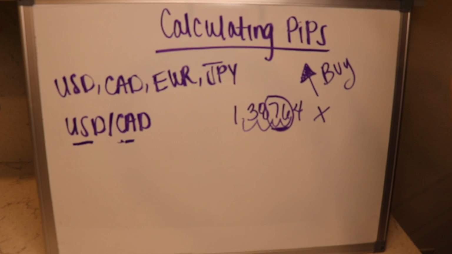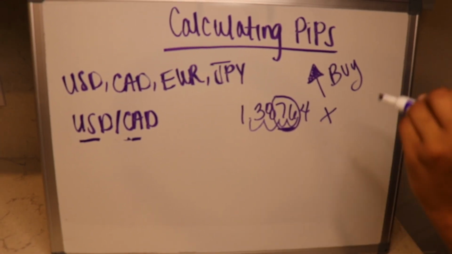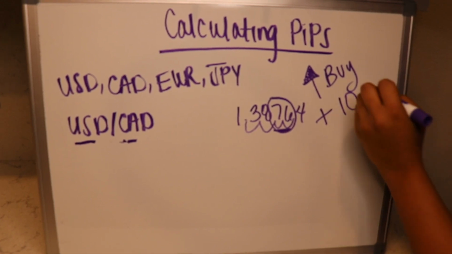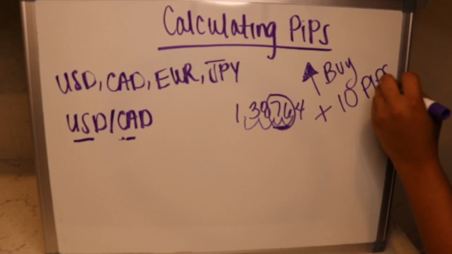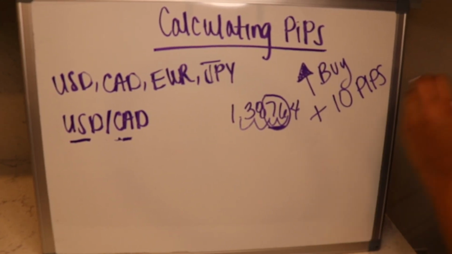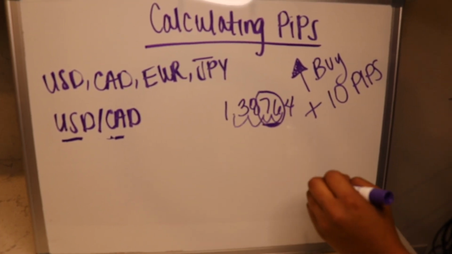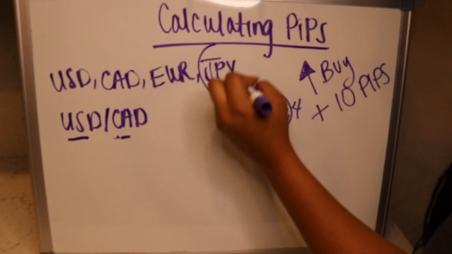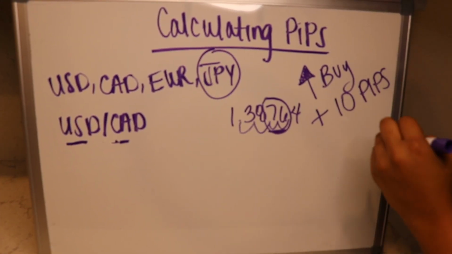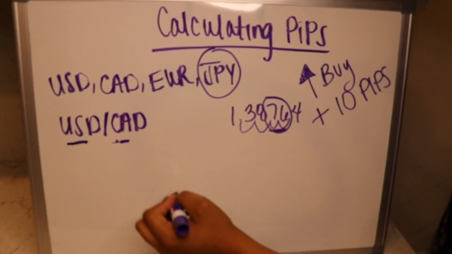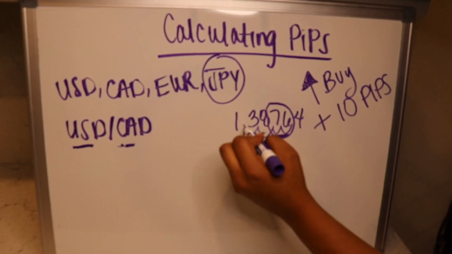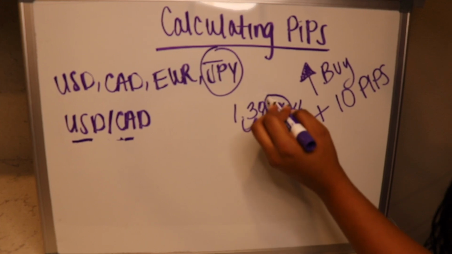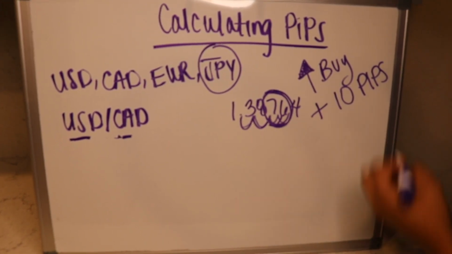For beginner traders, I always say 10 pips and dip. This is going to be 10 pips that we want for each trade that we get into. For your USD and your CAD, but not your JPY, I'm going to show you why not JPY, but for USD, CAD, and your Euro, you're always going to move your decimal point over to the third and fourth places, and you're going to be working with these numbers here, 7 and 6.